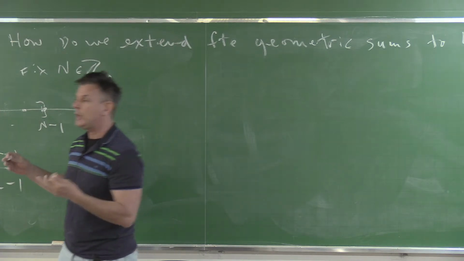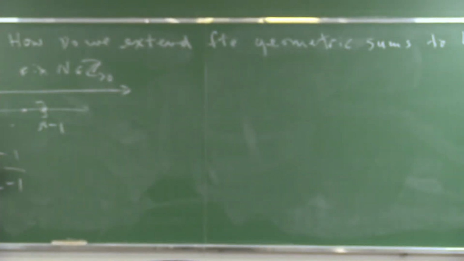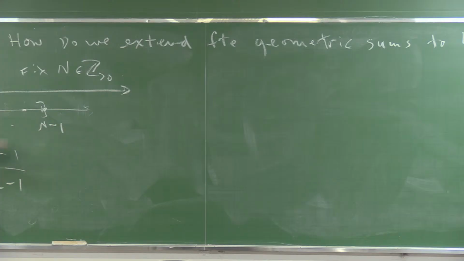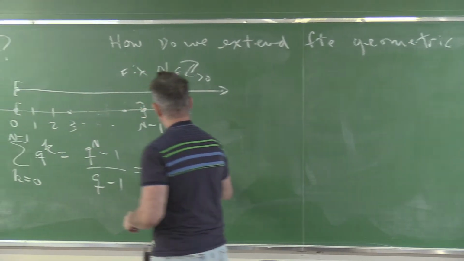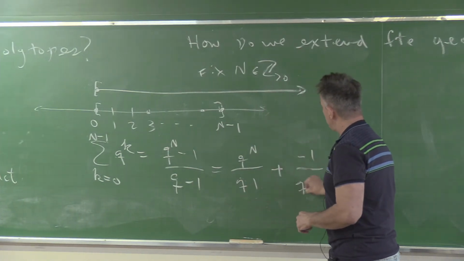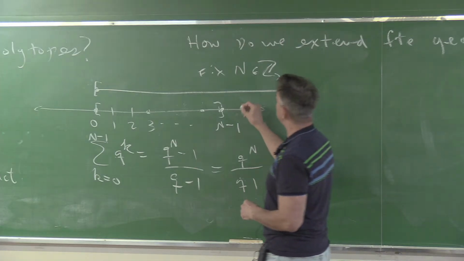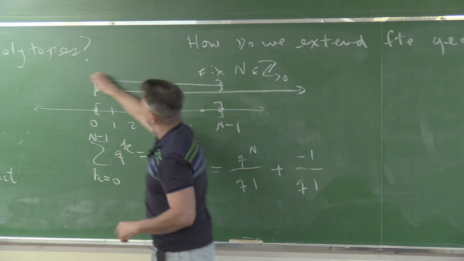There's some geometry hiding. If you think a little bit more, you might think that maybe there's an infinite series over here that gives me one piece, and maybe there's another infinite series that I start from here that gives me another piece.